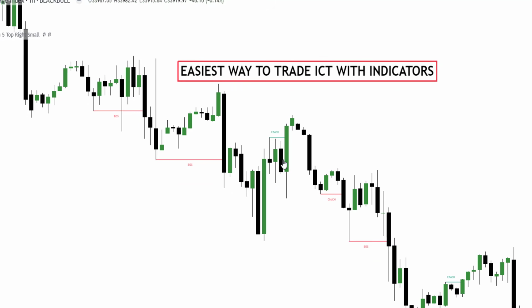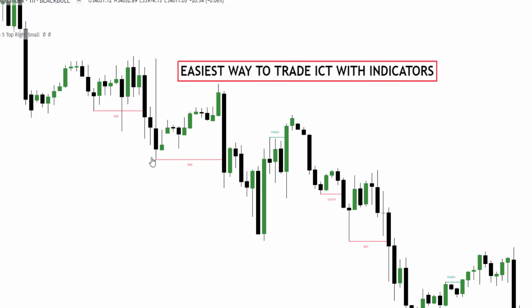The beauty of this particular indicator is mostly important for those of you who are just starting out with ICT concepts. Market structure is the backbone of everything about ICT, and this will give you a head start to be able to delineate where there is a valid break of structure, where there is a valid shift in market structure, which is one of the key factors for determining order flow.